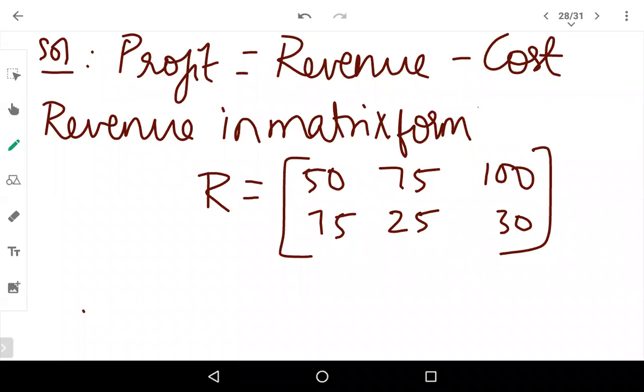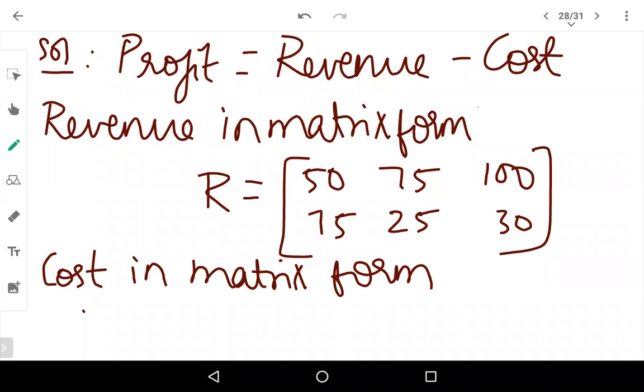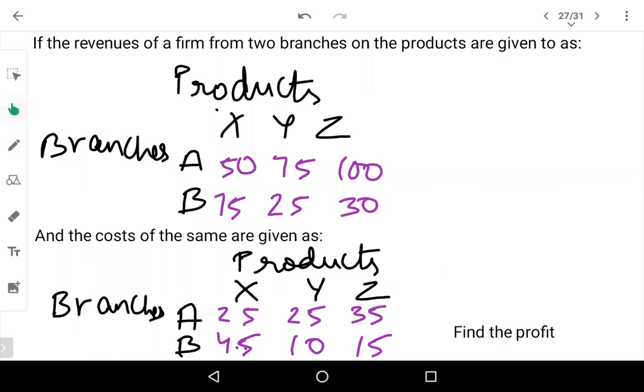Okay, so this is the first matrix. Now, the second matrix is cost in matrix form. Now, since cost C is there, so I will give the notation as C, and I will convert this part 25, 25, 35, 45, 10 and 15.